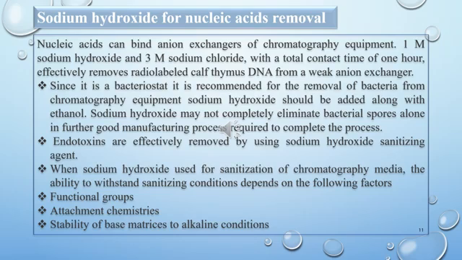We can remove that nucleic acid by putting our resin in a solution of 1 molar sodium hydroxide and 3 molar sodium chloride for 1 hour. When we put it in that solution for 1 hour, nucleic acid will be removed. In this way, nucleic acid can be removed from chromatographic equipment.